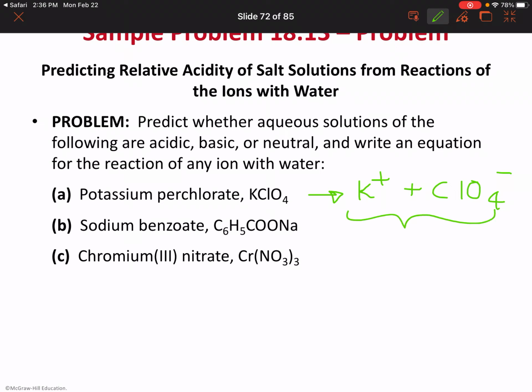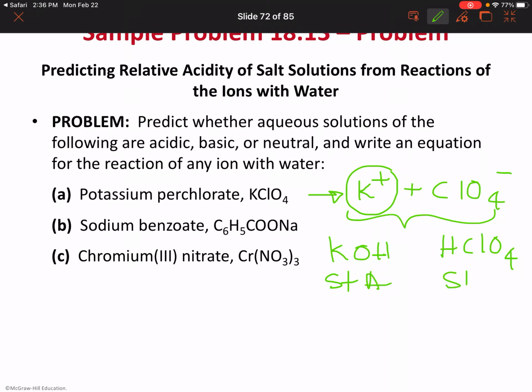How do we make potassium perchlorate? Potassium comes from KOH, a strong base, and perchlorate ion comes from HClO4, which is a strong acid.